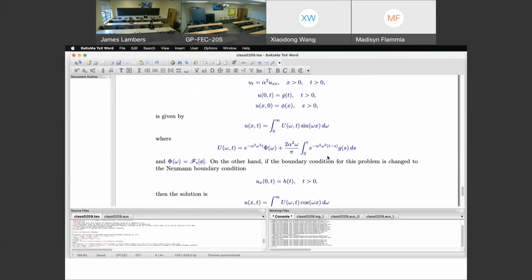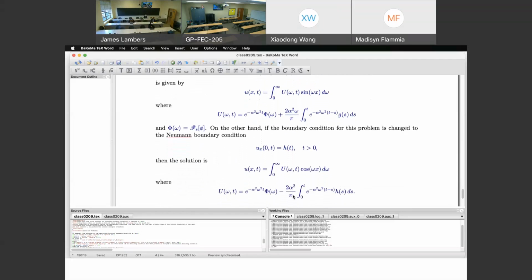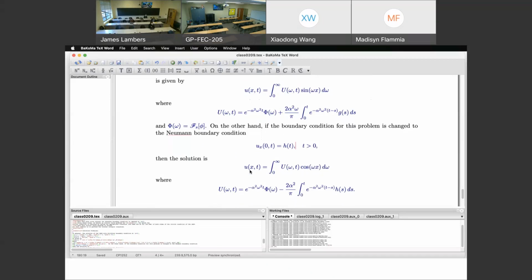I also have the other situation covered. If the boundary condition at x equals 0 changes to a Neumann boundary condition, so du dx is specified instead, then we have u of x,t brought to you by an inverse cosine transform. You'll see that the solution formulas are very similar. Here there's no omega, here we have a minus instead of a plus.